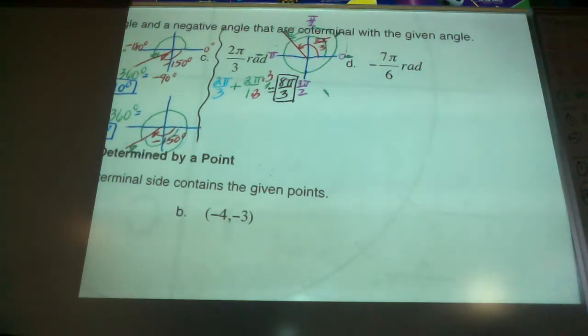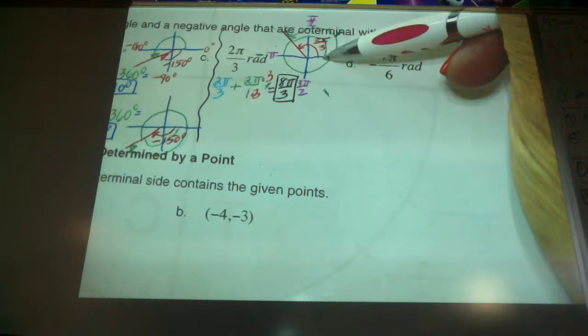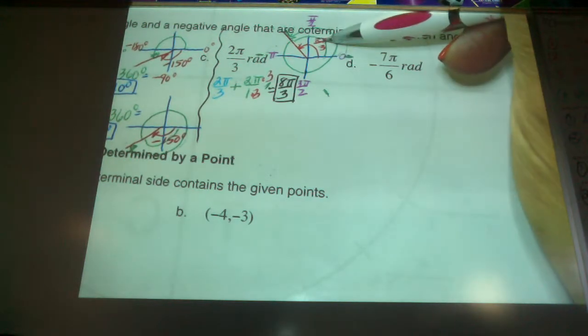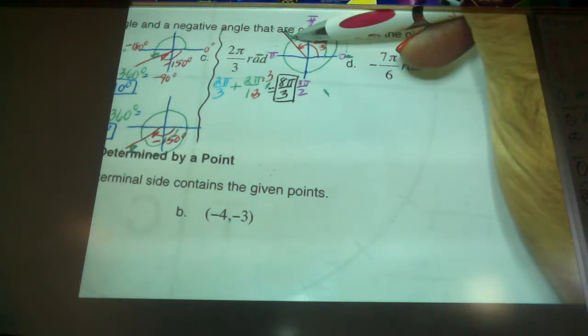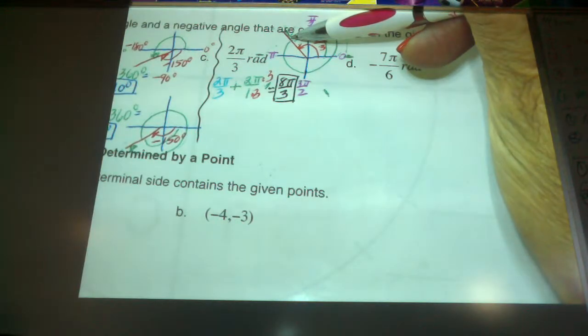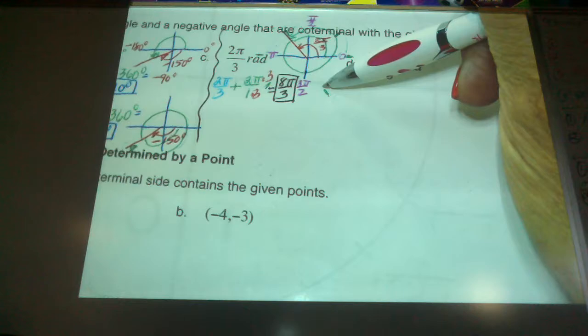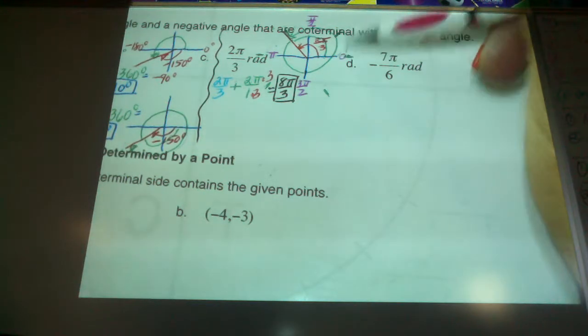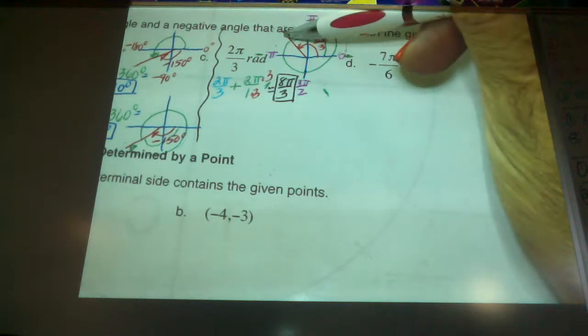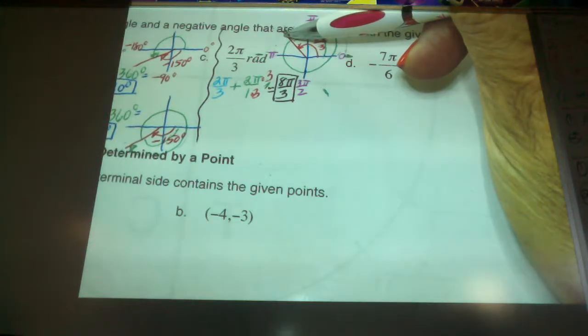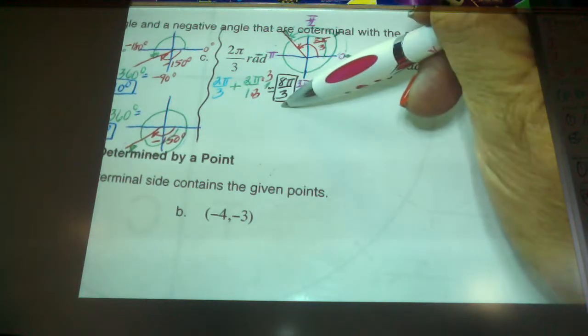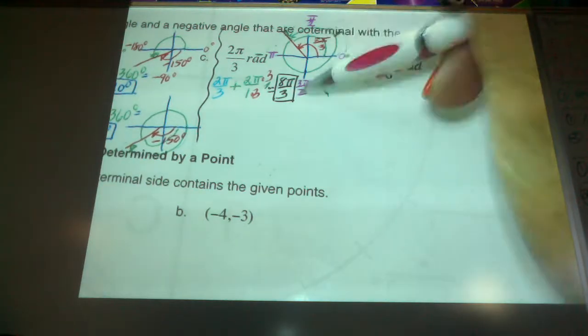So if I count my green path, so watch my green path, I'm going 1, 2, I'm looking at my tick marks out here that I made, 3, 4, 5, 6, 7, 8. So I ignore my axes, I'm only looking at the green tick marks. Then I get 8 pi's out of 3. I ignored these axes here.